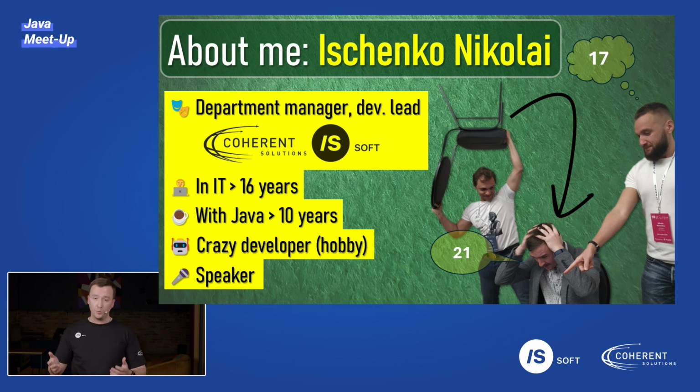I'm also a speaker. I was a speaker on different platforms in different countries, and as you can see on this screen, one of the popular videos on YouTube is about new features in Java 17.